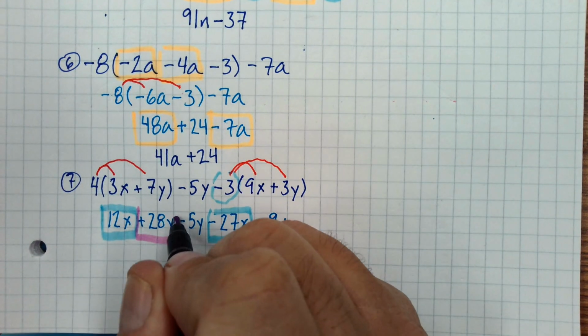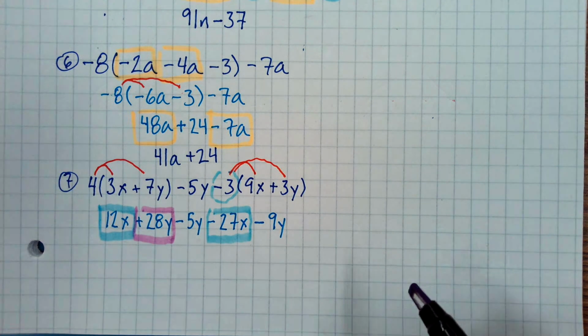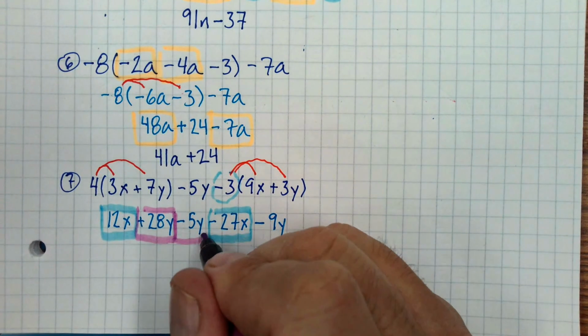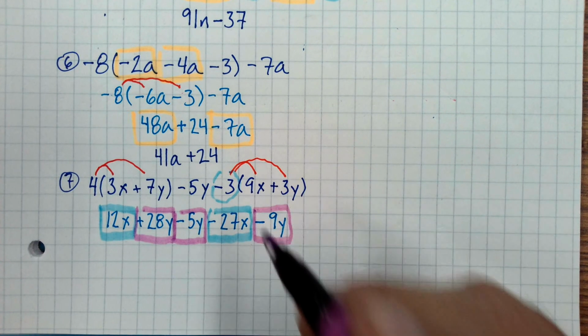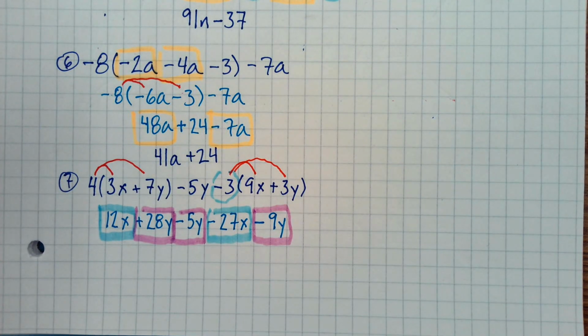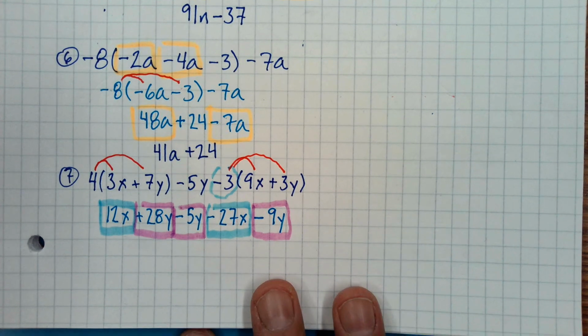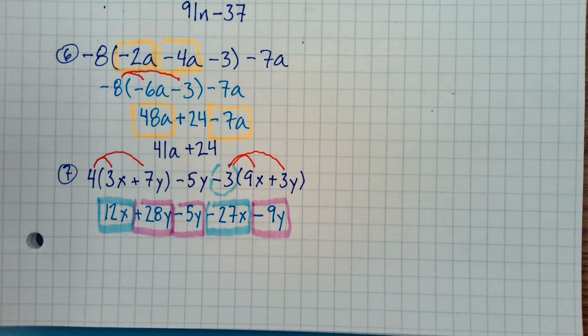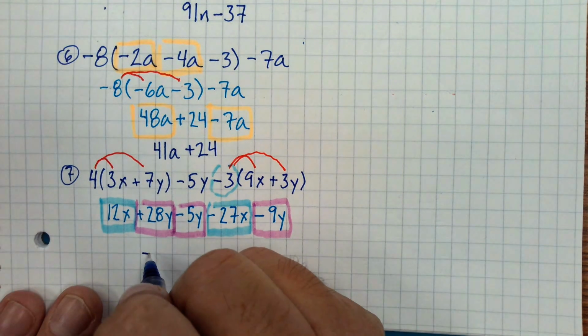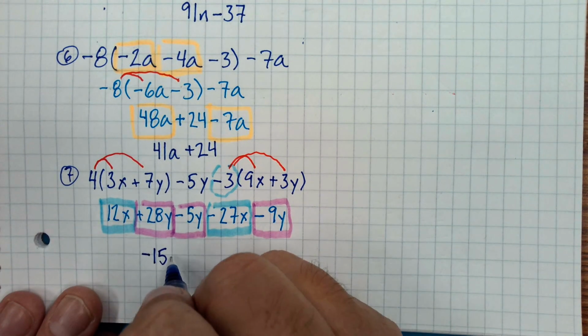I have positive 28y, negative 5y, and then negative 9y. Okay. So that's everything I can combine. So let's put together the 12 and the minus 27. Negative 15x.